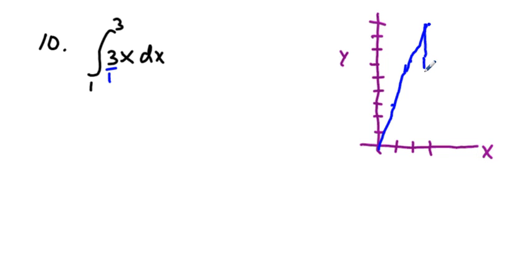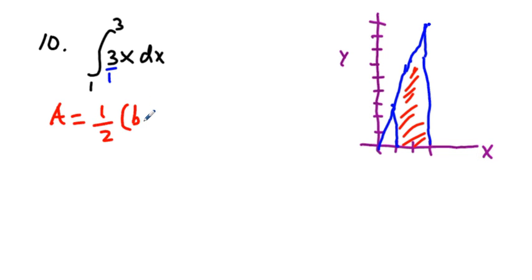So at 3, we draw a little vertical line segment here, and at 1, a vertical line segment. What we have is the area of this trapezoid. And for a trapezoid, the area is equal to 1/2 of the base 1 plus base 2 times the height of the trapezoid. Well, the height is equal to 2.